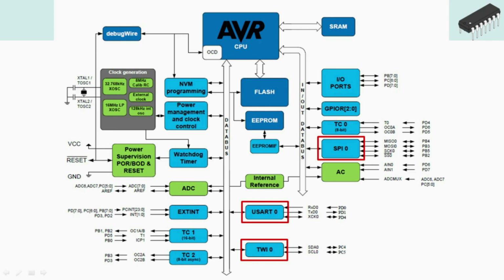The Universal Synchronous Asynchronous Serial Receiver Transmitter, called the USART, is a highly flexible serial communication device. The USART can also be used in the master SPI mode. It is commonly used to communicate with the development PC. The two-wire serial interface protocol, that is TWI, allows the system designer to connect up to 128 different devices. The TWI is compatible with the Philips I2C protocol.